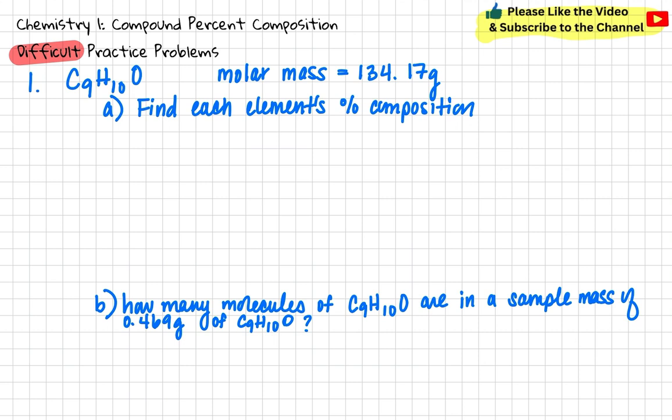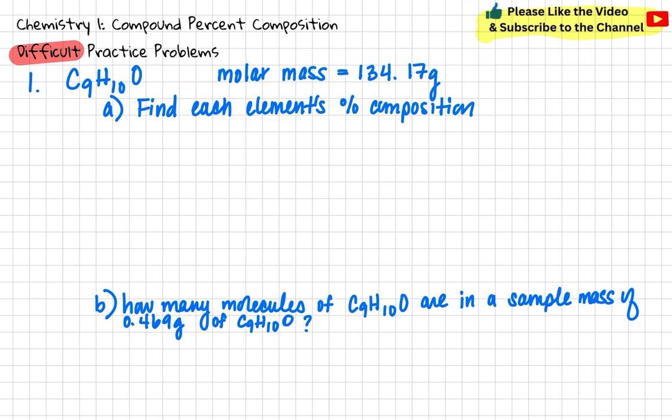So part A of this question wants us to find each element's percent composition, and then part B wants us to find how many molecules of C9H10O are in a sample mass of 0.49 grams of it.